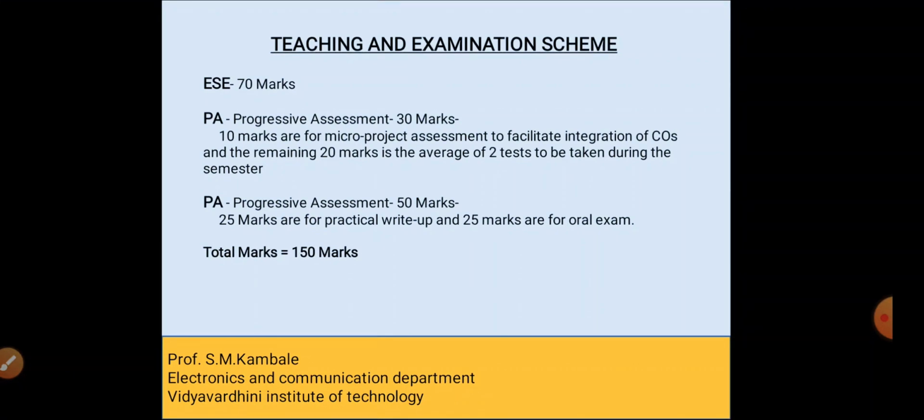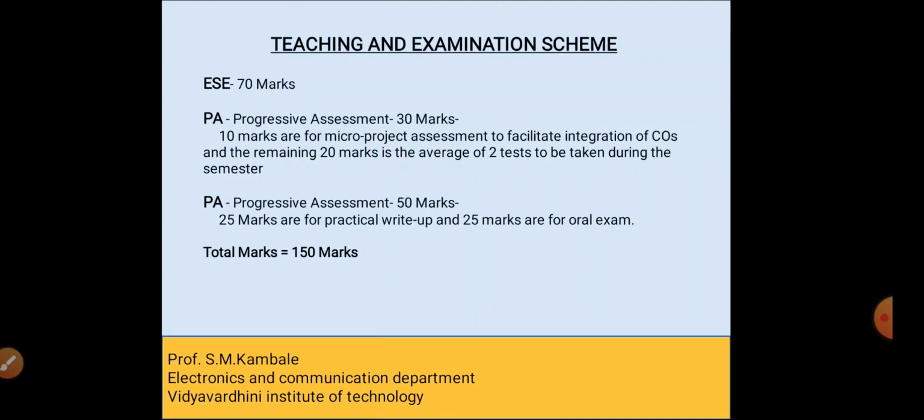So theory includes 70 plus 30: 70 marks for the end semester exam and 30 marks for the progressive assessment, in which 30 marks are distributed like 10 marks for micro project assessment and 20 marks for the average of two tests to be taken during the whole semester.